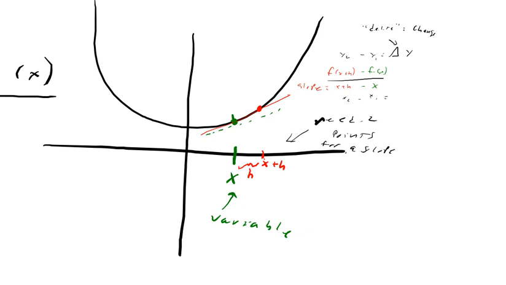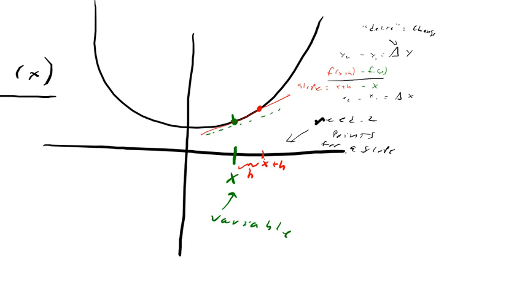How much did y change? And the x change, that's delta x, same thing. So delta y, delta x. This delta x value is the change in x, some amount of difference, right?